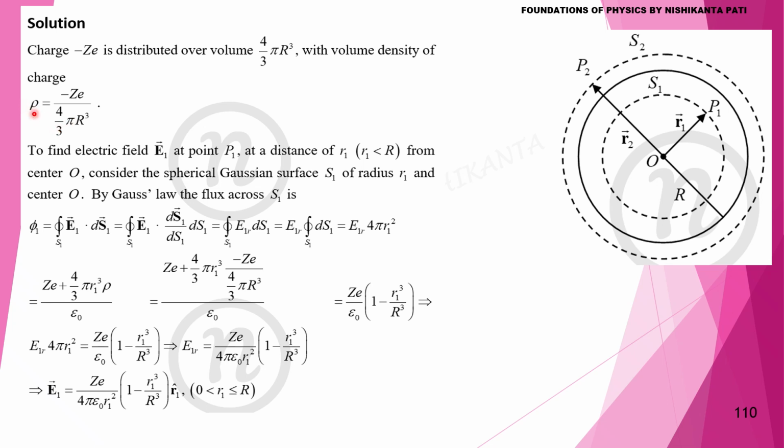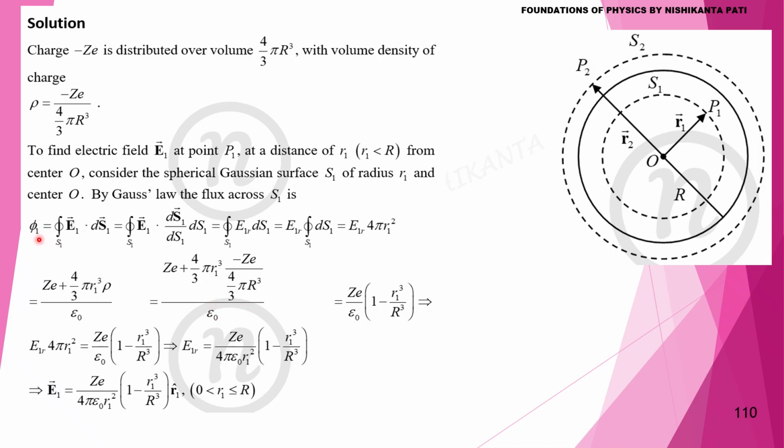So rho is the volume density of negative charge in this region. We need this much negative charge. So this much negative charge is rho into this much volume, so rho into 4 by 3 pi r cube.